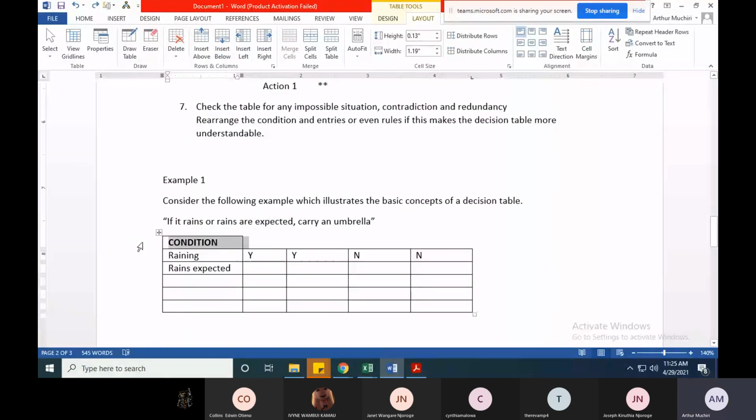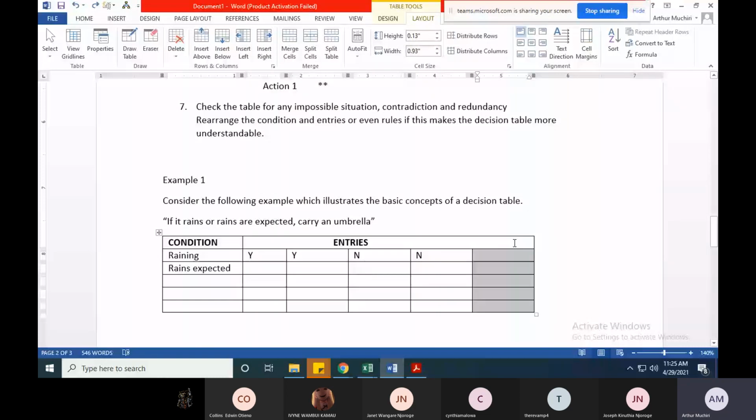How do I insert another row up here? We need this.